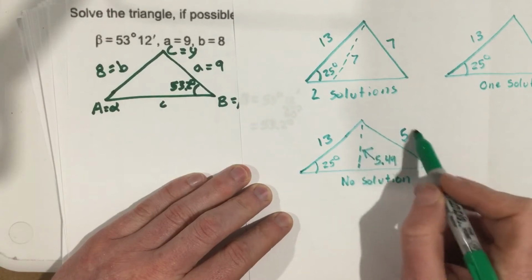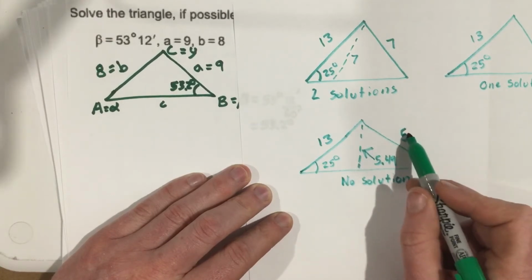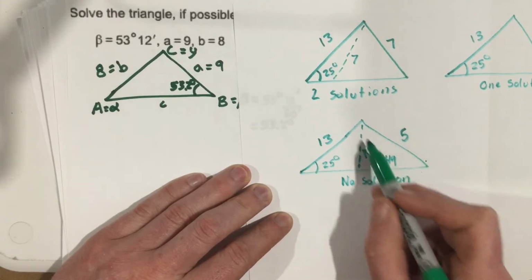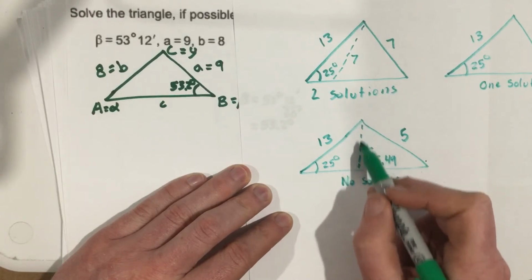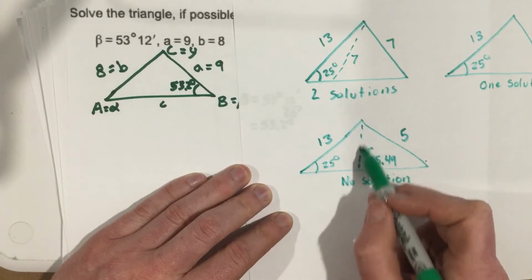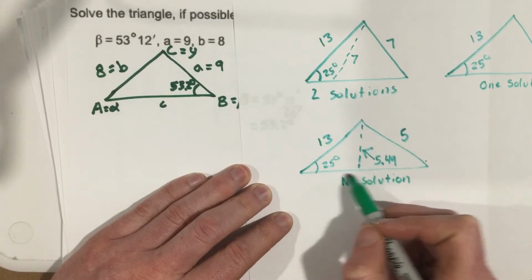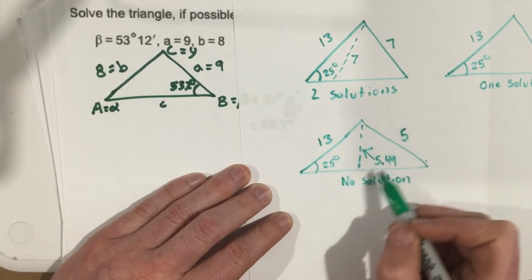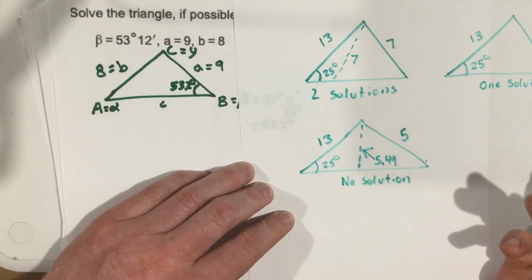Like this side right here in this picture is showing that 5 is less than this 5.49, which is the right angle side. Well, the right angle side is the smallest possible side that this could have and still touch the bottom. So when we have 5 there, we're not even touching the bottom. We're not even actually making a triangle.